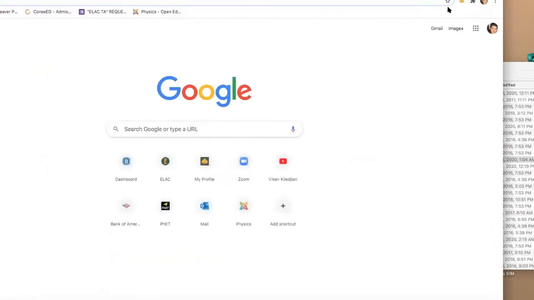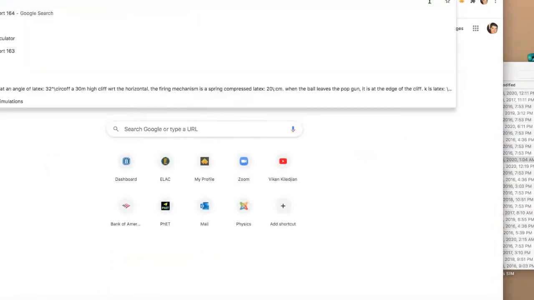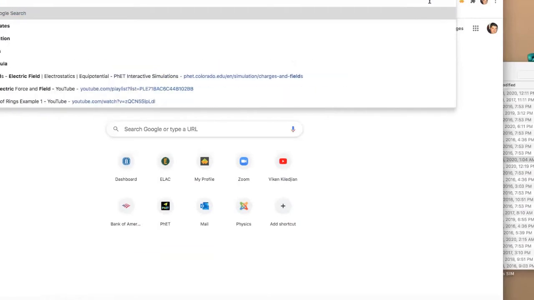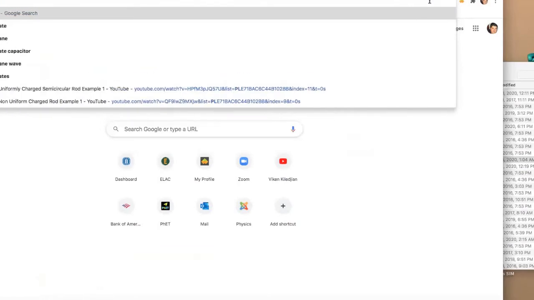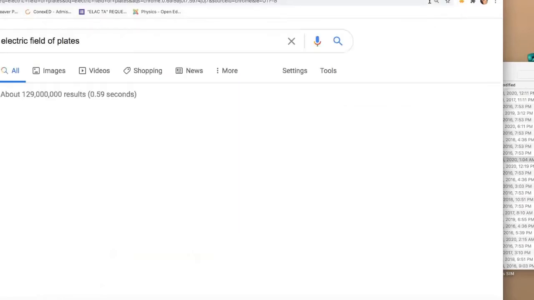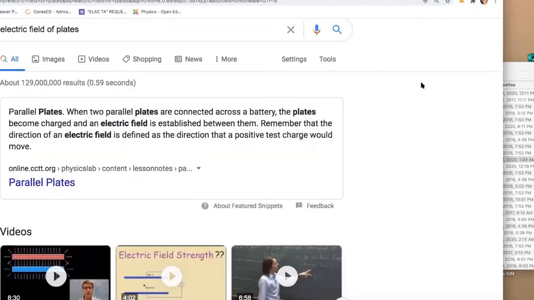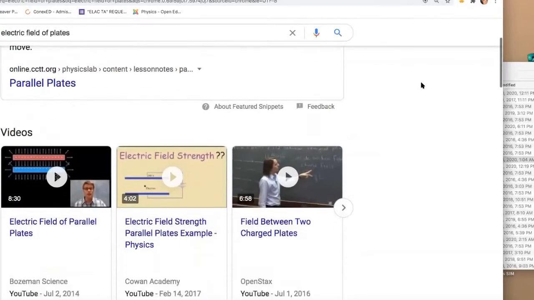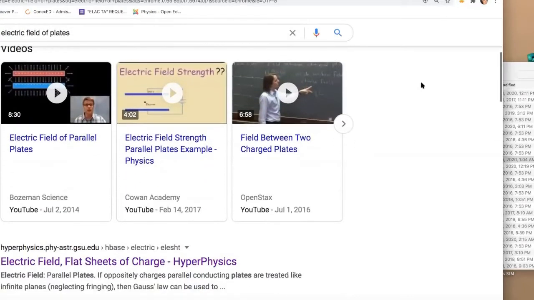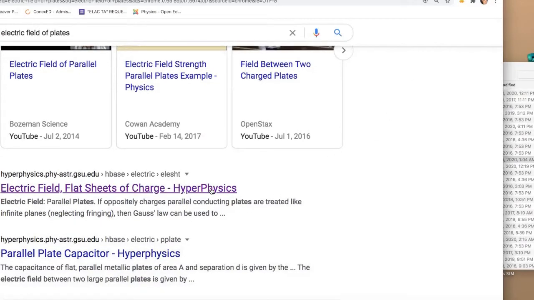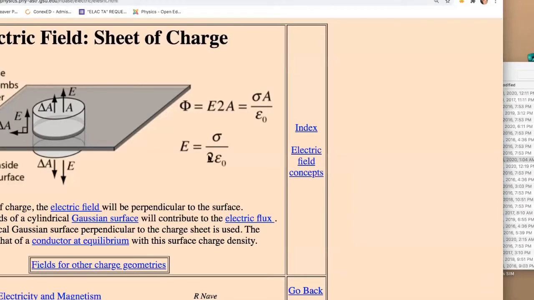I utilized that equation, sigma over 2E0, the electric field of plates. And of course, next week we'll also start capacitors, and capacitors are essentially two plates put together.